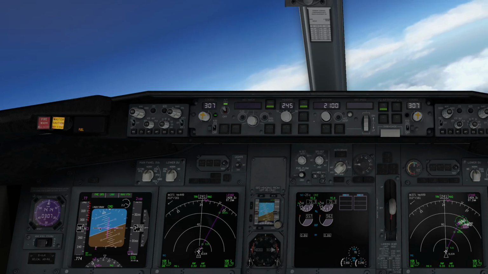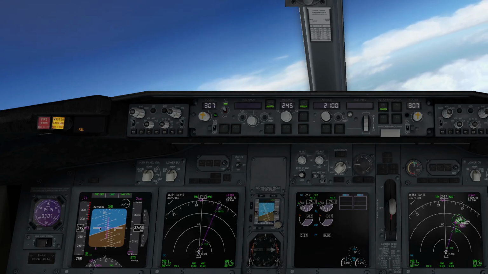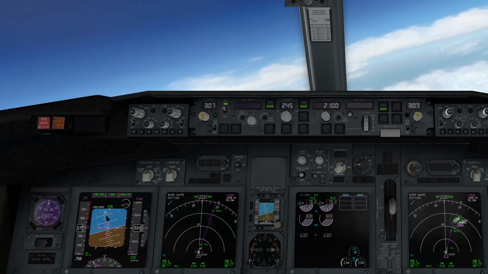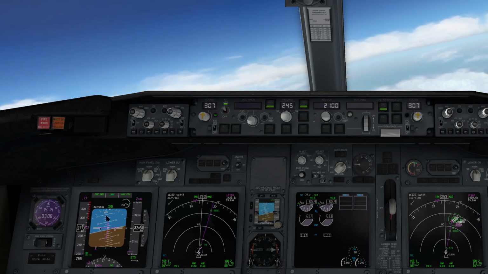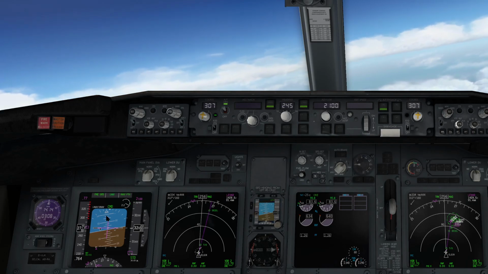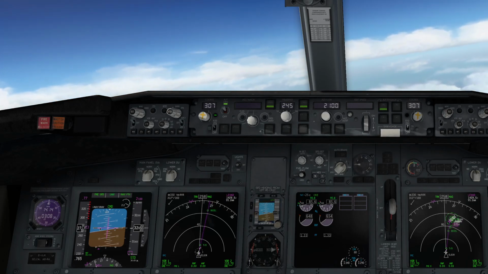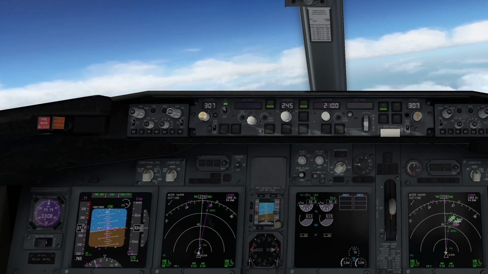So it is a little premature to switch off the fuel pumps. Now, as we level, the light extinguishes. Now waiting for the top of descent.